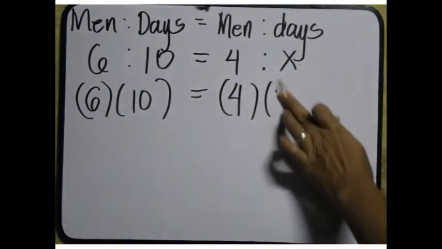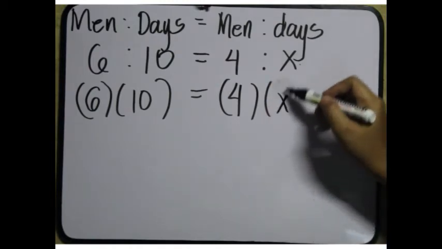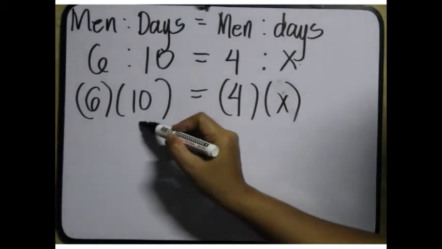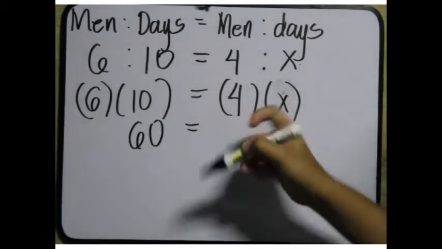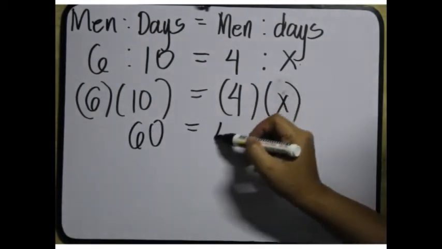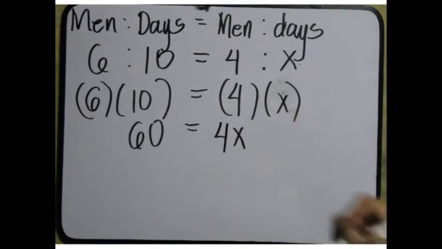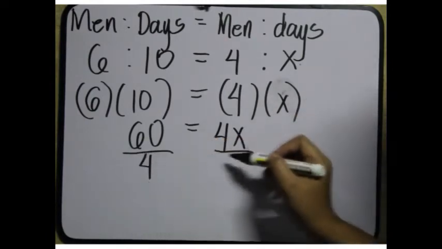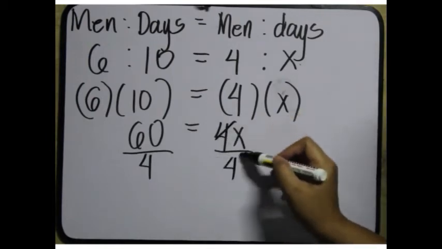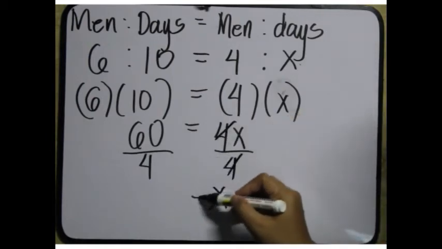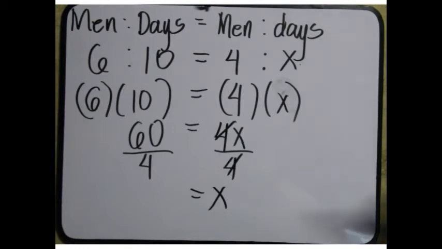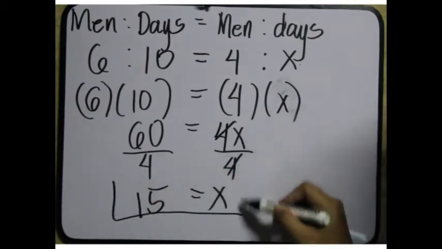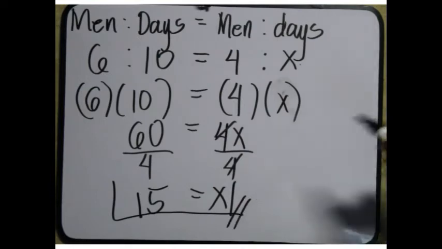Multiplying this, 6 times 10 would be 60, is equal to 4 times x, that would be 4x. Getting the value of x, we need to divide both sides by 4. Now x is equal to 60 divided by 4, which is equal to 15.